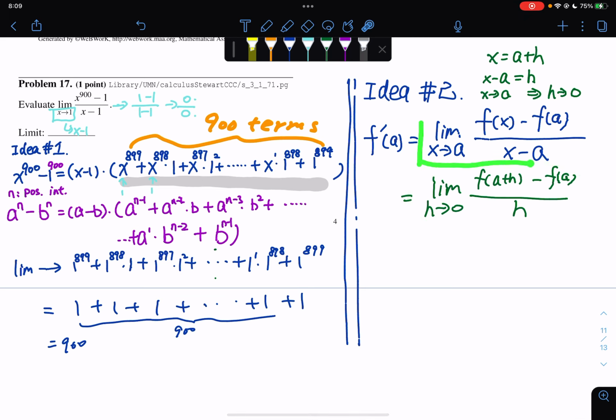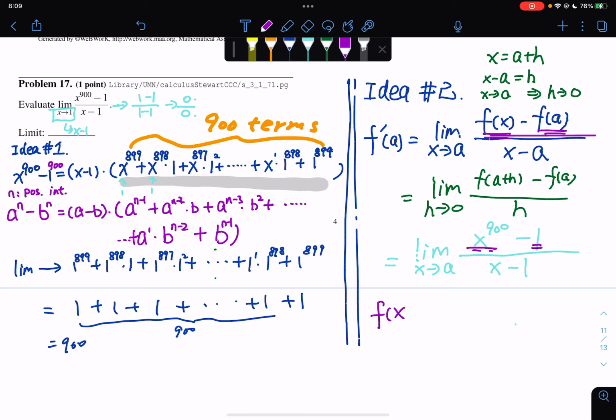Well, the first definition is mathematically equivalent to it, and what I'm trying to say here is let's put the original problem that's given to you side by side. So I have the limit as x approaches 1 of x to the 900 minus 1 over x minus 1. If you compare, both have x approaching a fixed number, and the difference between x and that fixed number. So if I could have this match with that and this match with that, then we're all set.